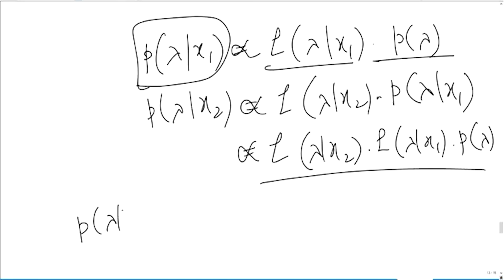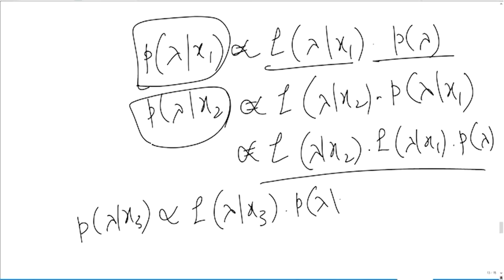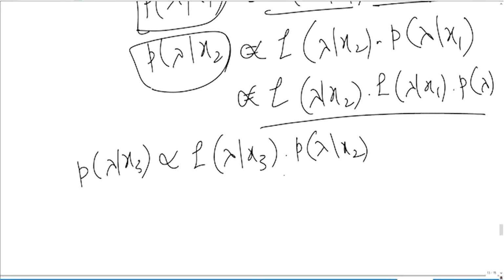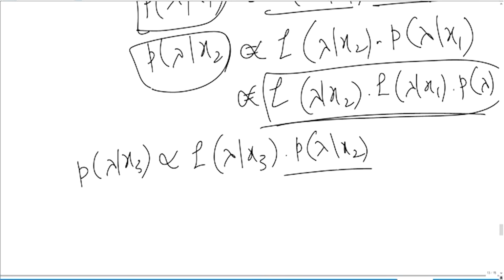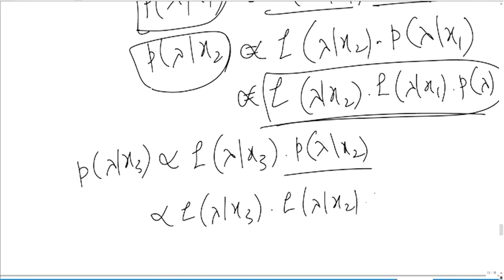Let us see what you get after day 3. After day 3, it would be the likelihood of lambda given x3, and the prior would be this posterior, the posterior distribution of lambda given x2. But what is this lambda given x2? This thing. So you just substitute: likelihood of lambda given x2, likelihood of lambda given x1, times the prior of lambda.